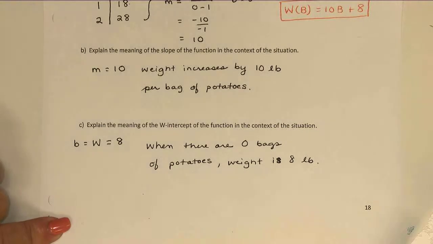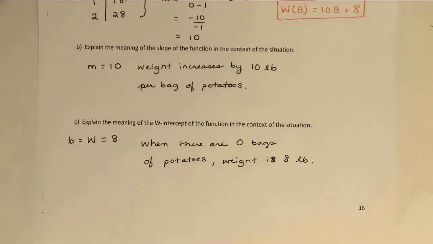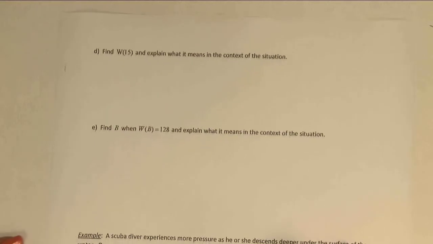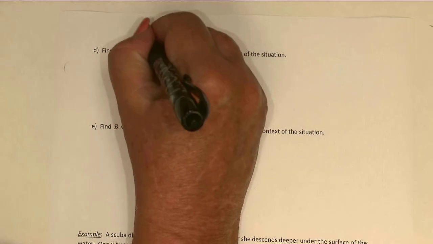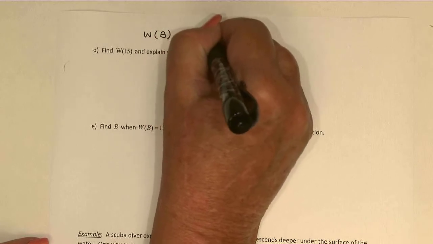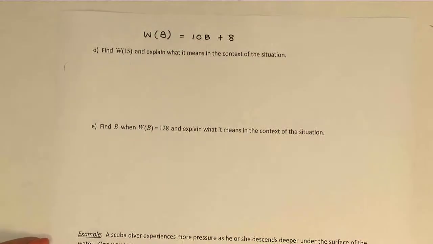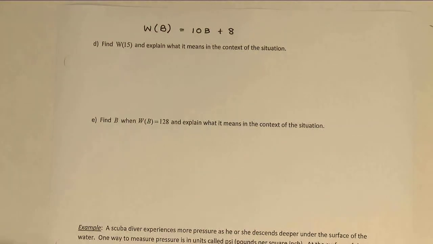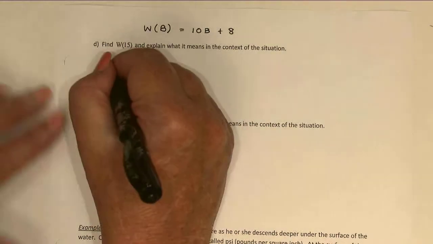Okay, next page, a few more problems on the same thing. I'm just going to go ahead and jot down our equation here so we can keep on using it more easily. The weight, depending on the bag of potatoes, was 10B plus 8. All right, we want W of 15.